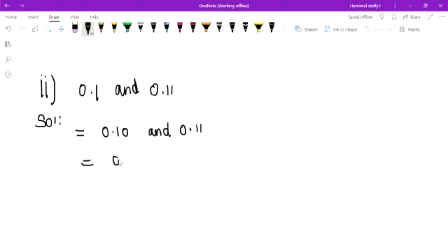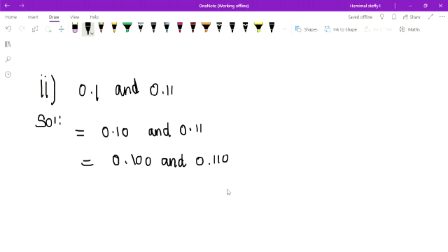What is that? 0.100 and 0.110. So we can write the rational numbers between 0.100 and 0.110, because without the decimal point we can see 100 and 110.